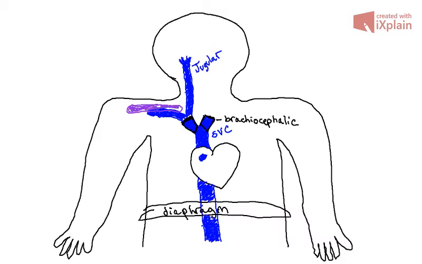This is the clavicle. So this vein right here is called the subclavicular vein because it goes right below the clavicle. And then it comes down into the arms, and right where it passes up at the armpit area, that's called the axillary.